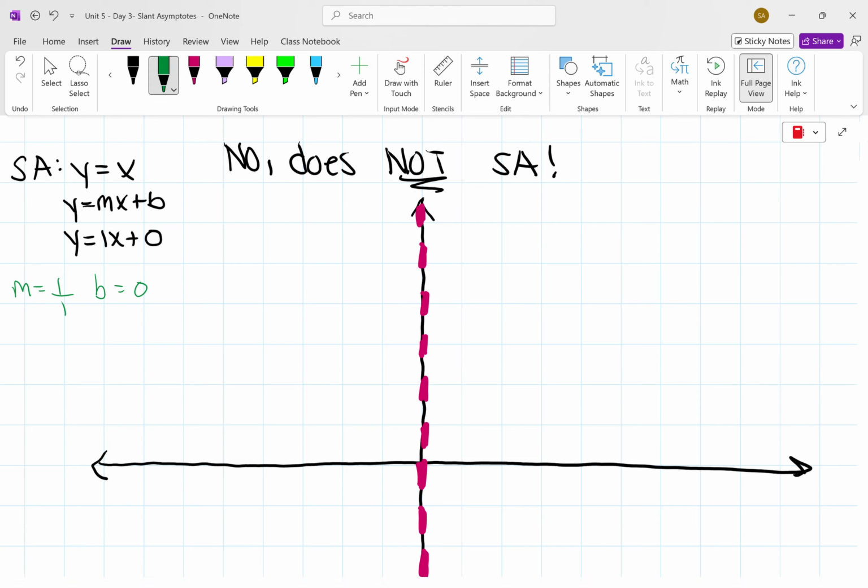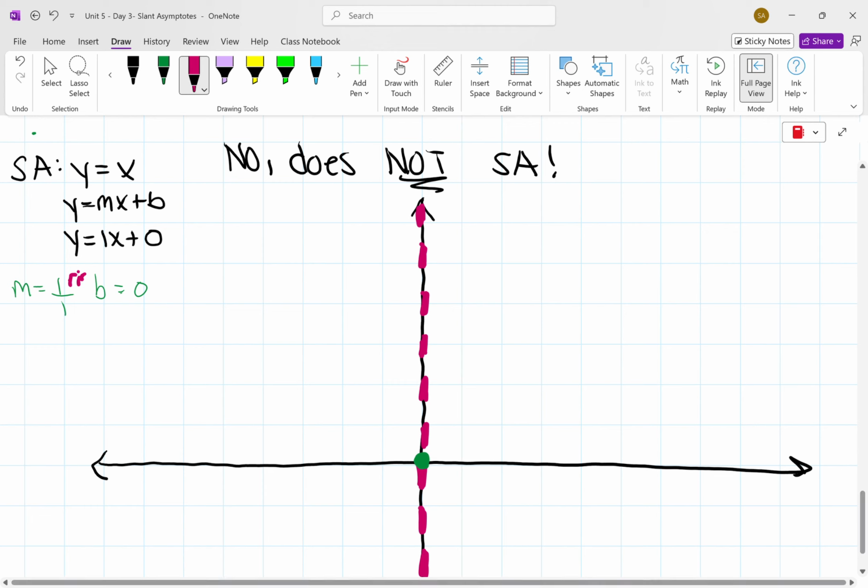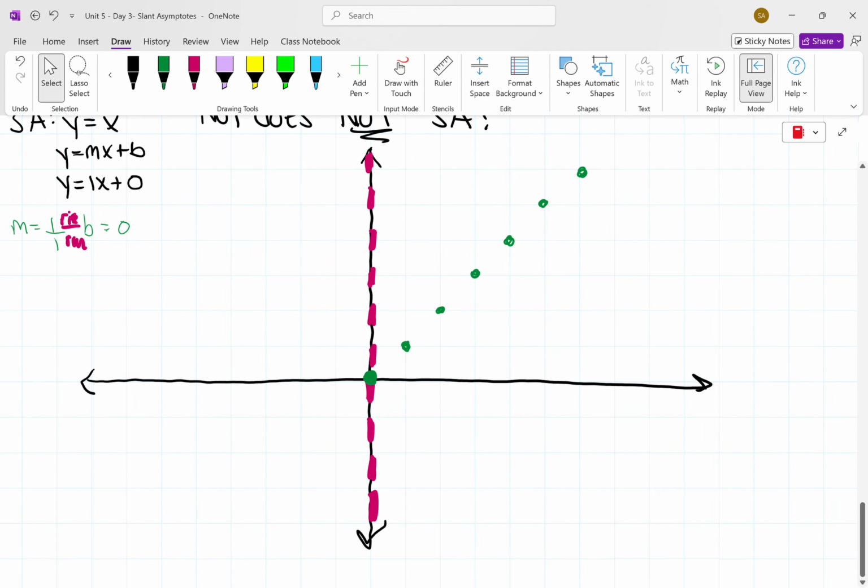So when we go to graph the slant asymptote, I'm starting my line at the y-intercept, which is 0. And then I'm going to make other points according to my slope. Slope is always rise over run. My rise is +1, my run is +1. So we're going up 1, right 1, up 1, right 1, and we're going to keep going because I don't know exactly how big of a graph I need, but I'm going to make it substantial enough that I see what's going on.